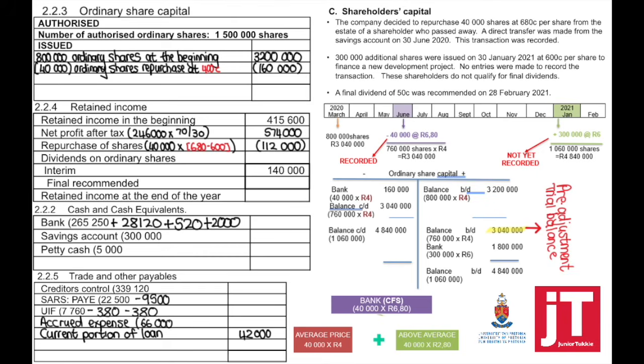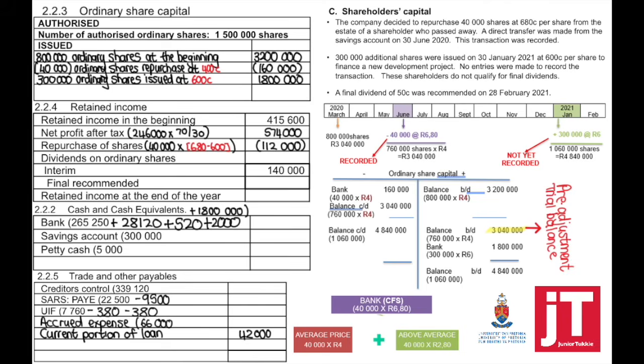Now we can look at the additional shares that was issued. 300,000 ordinary shares was issued at 600 cents, which equals 1.8 million. Because this has not yet been recorded, we need to add that to the cash and cash equivalent. We are going to receive 1.8 million.